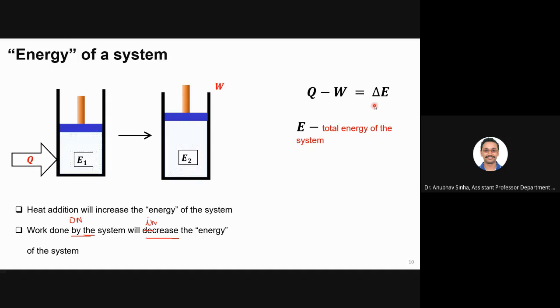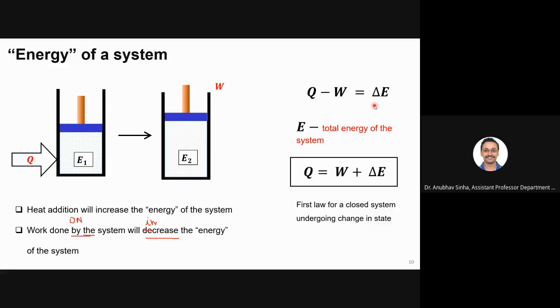We'll see in the next slide what parameters it considers, but let us say that E is the total energy of the system. So I can write the first law in this form: heat supplied is equal to work done plus whatever the change in internal or total energy is. So this is the first law of a closed system undergoing a change in state.